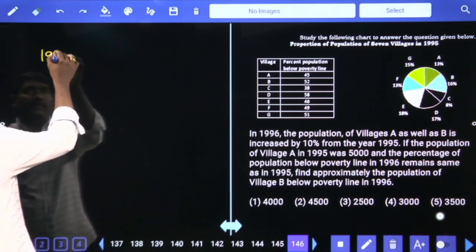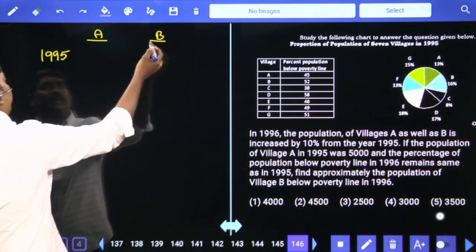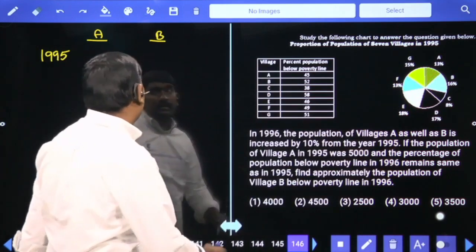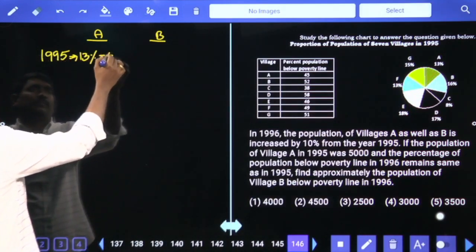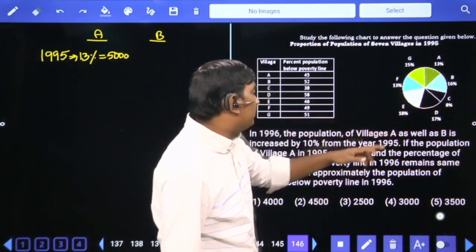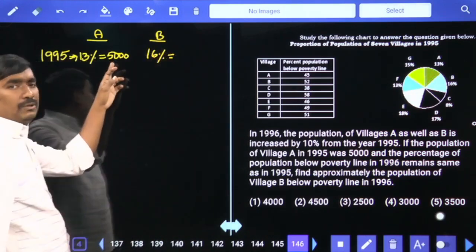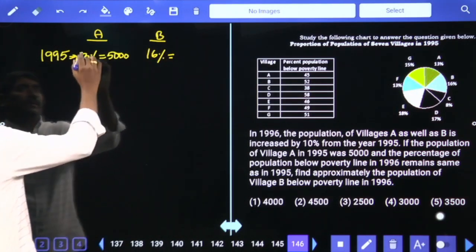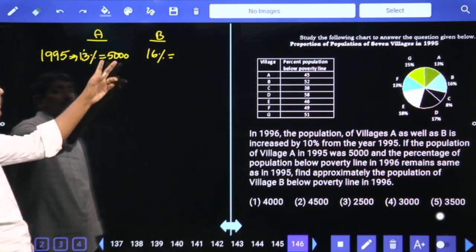So in 1995, from the circle, village A is 13% with value 5,000, whereas village B is 16%. From this 13% value 5,000, we need to calculate what 16% is. 13 times 400 is 5,200, but 200 is less.